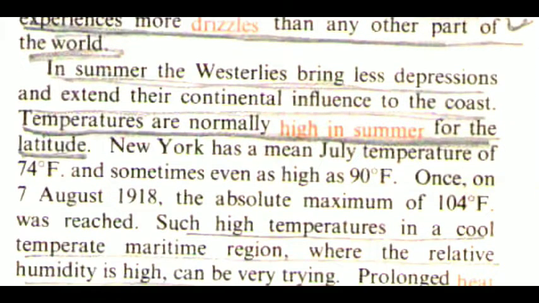In summer, the westerlies bring fewer depressions and extend their continental influence to the coast. Temperatures are normally high in summer for the latitude. New York has a mean July temperature of 74 degrees Fahrenheit and sometimes even as high as 90 degrees Fahrenheit. Once on 7 August 1918, the absolute maximum of 104 degrees Fahrenheit was reached.